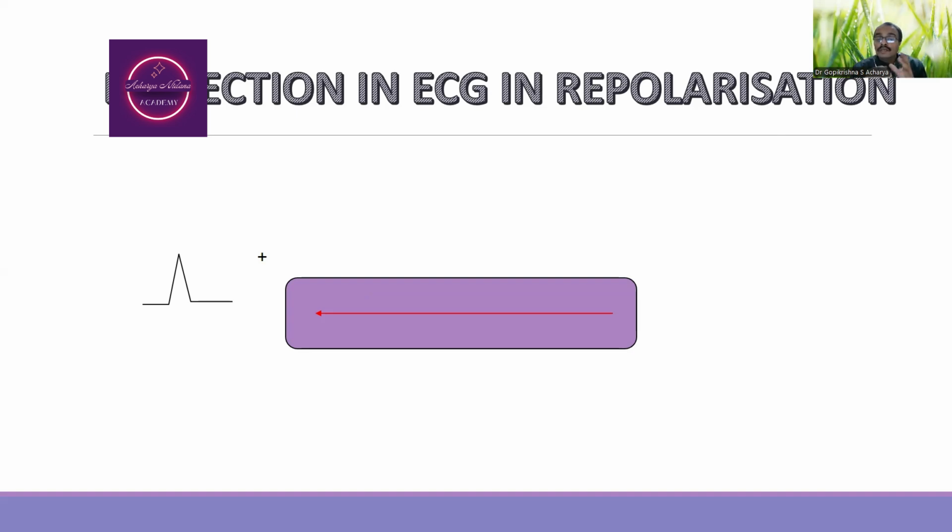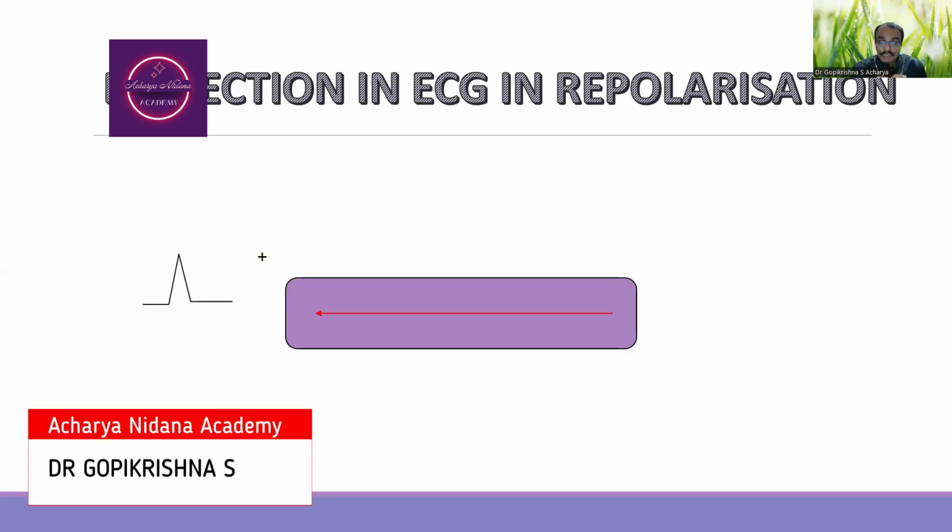Or if the electrical impulse is moving away during depolarization, and in the same direction the repolarization is moving, that will be responsible for the downward deflection.